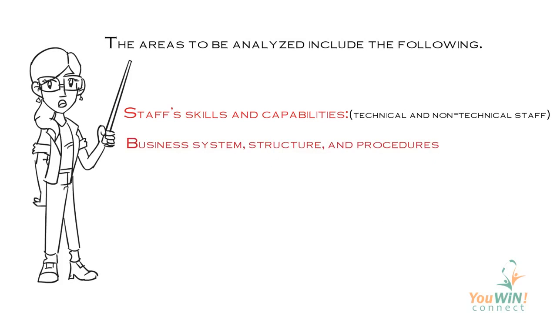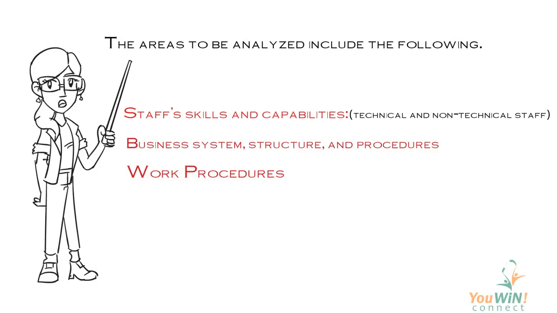What is the company's current business structure? Is it complicated and rigid, or is it flexible and easy to change? Do the existing structures and procedures support the company's workflow? Do managers and supervisors have enough autonomy to make the necessary decisions? Are they familiar with doing so?